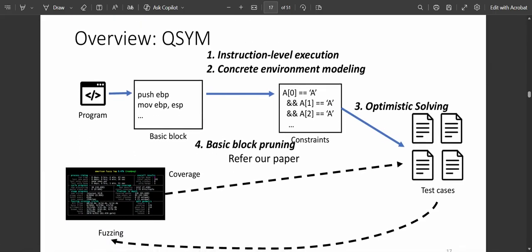And QSYM corrects it: the constraints go directly to the test cases, basic block pruning happens, and the test cases directly go to fuzzing coverage, and that's how the whole process works.